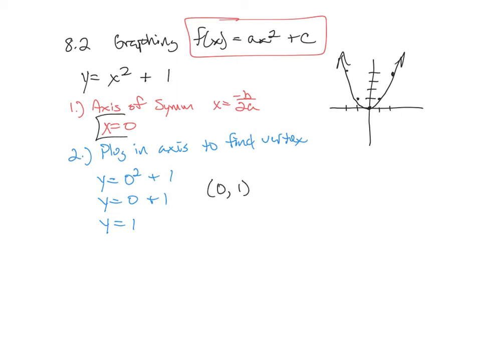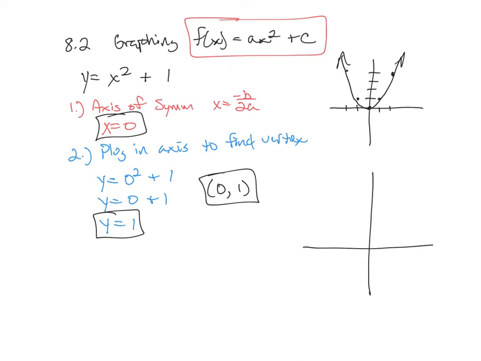Remember, we take this part and this part, and combine them. Okay, so just remember, sorry, I did pause if that came back weird, but we're taking the axis of symmetry, and when we plug it in we create a vertex. So the vertex is 0, 1.